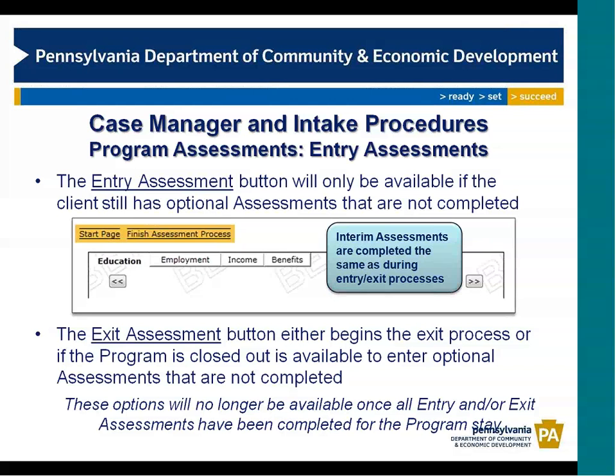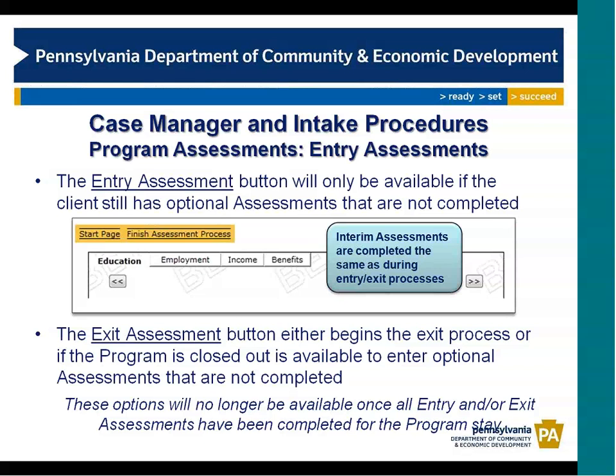Now, if the information is wrong, you can go back and edit it, but it can no longer be created. The exit assessment button has two different functions depending on the status of the program stay. If the client is still enrolled in the program, clicking the exit assessment button starts the exit process, as we talked about.